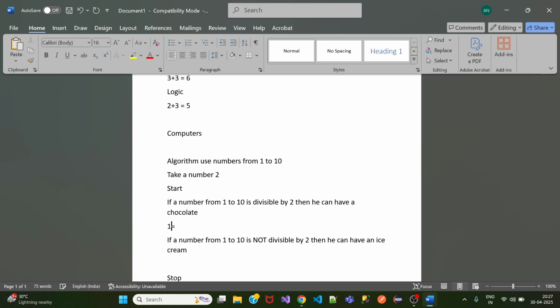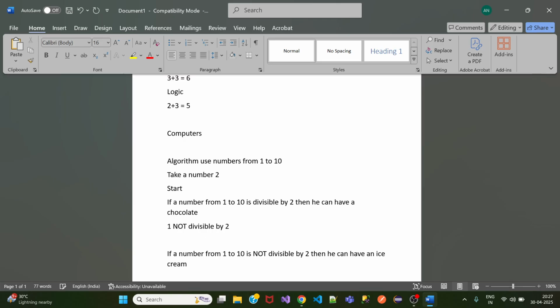Okay, 1 is not divisible by 2, right? But 2 is divisible by 2. Divisible means we'll get the remainder as 0.